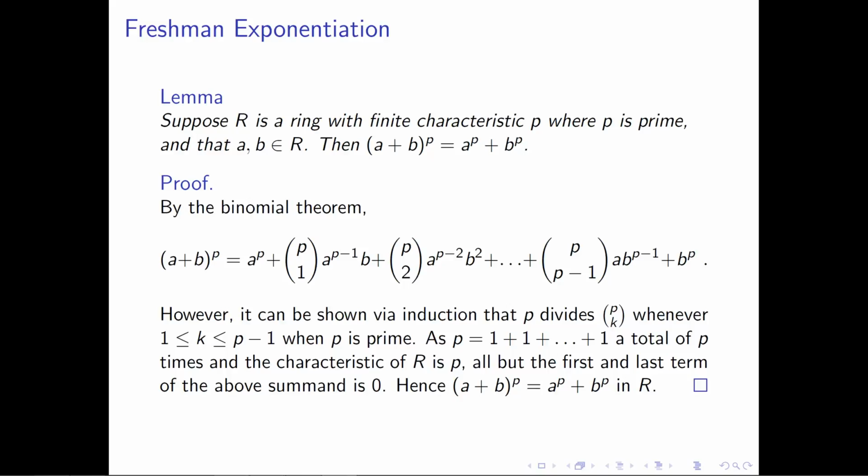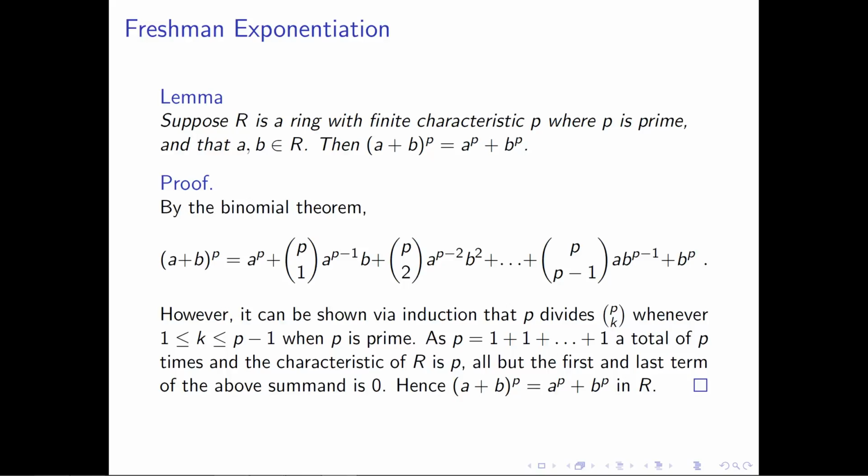As the number p is just 1 plus 1 plus 1 and so on, a total of p times, and the characteristic of the ring that we're working with is p, we really have that this 1 plus 1 plus 1 plus 1, however many times, is the same as 0.